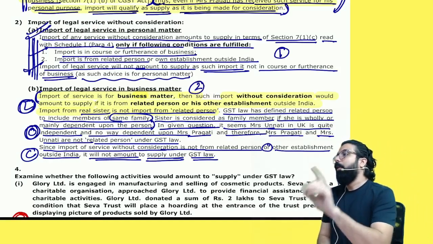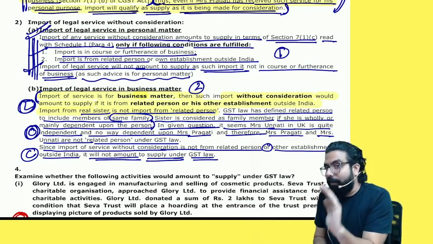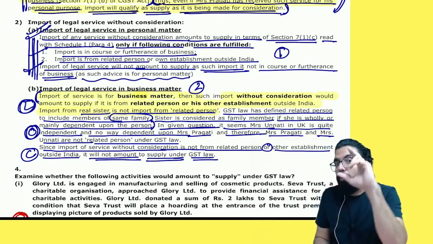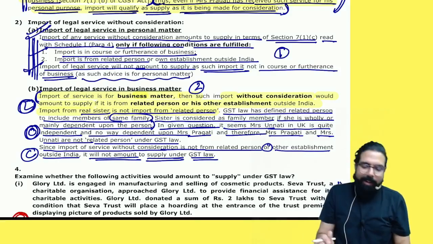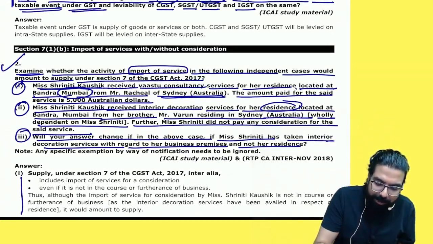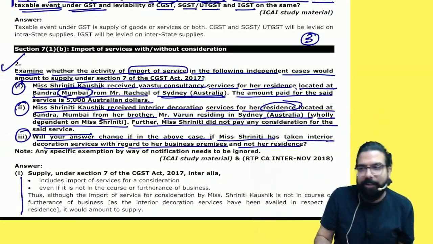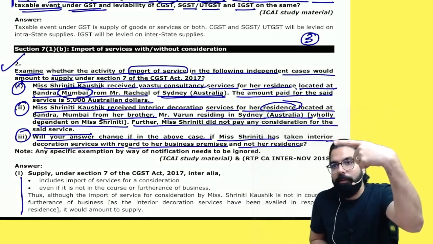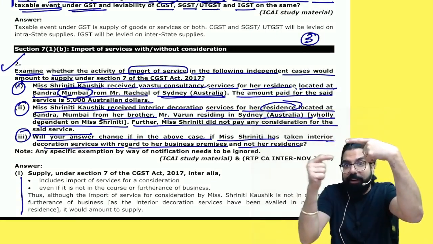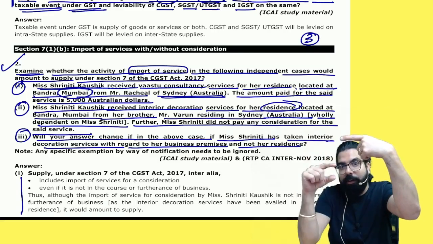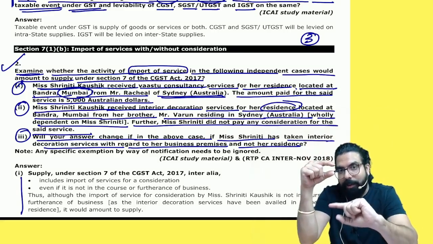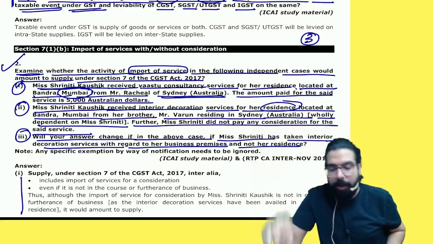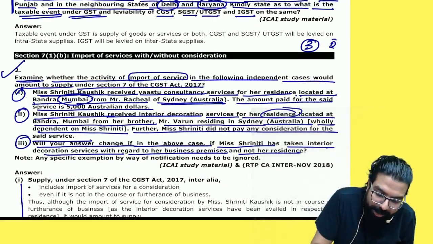But listen, in exam, always remember, you have to write the law. If a question comes for 3 marks, you write the law, you write the observation. What do you observe in the question? And then you write your answer. It will give you 3 marks. Sir, what if the same question comes for 2 marks?